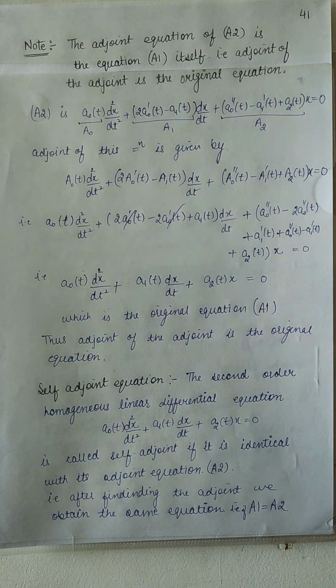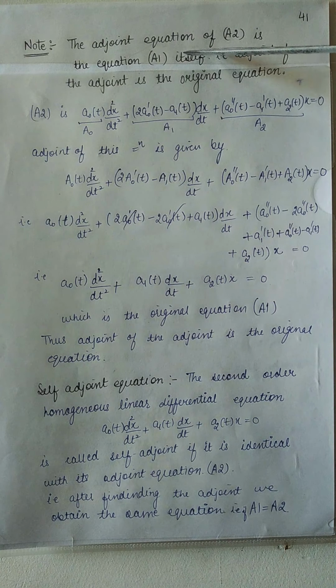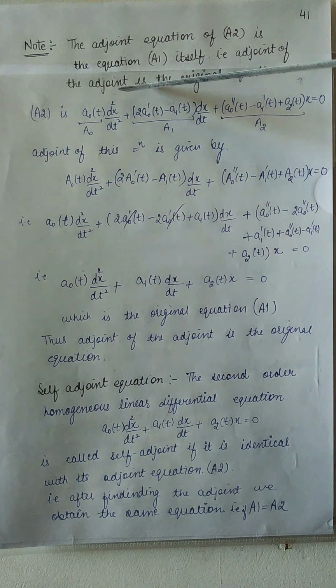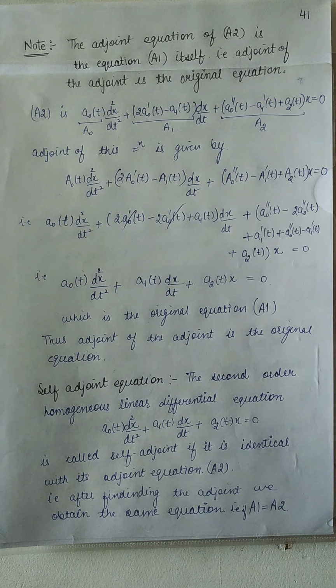Now, the adjoint equation of A2 is the equation A1 itself. That is, if we take the adjoint of the adjoint equation, then the new equation becomes the original equation. So how?